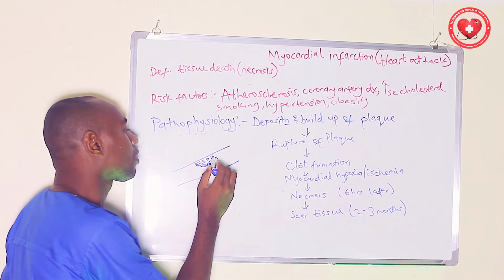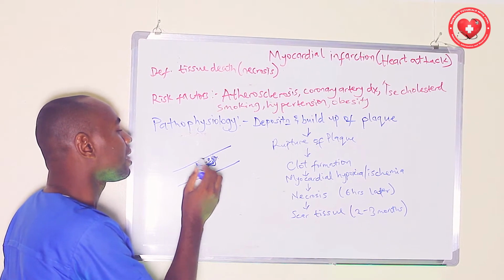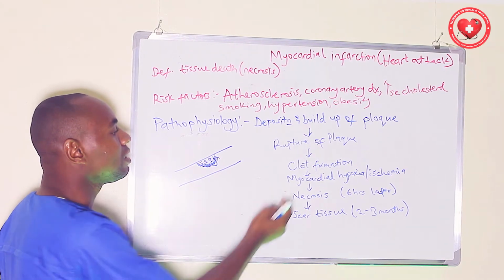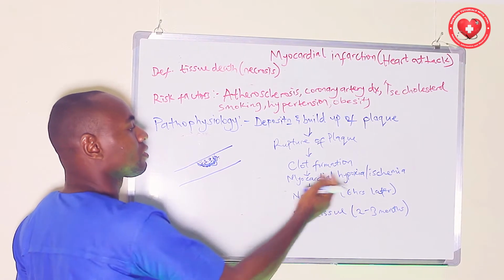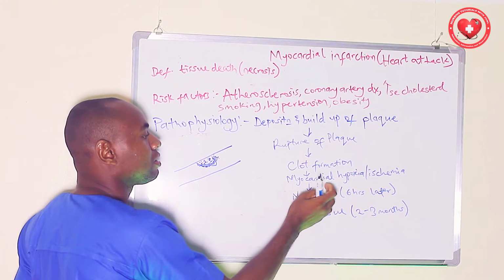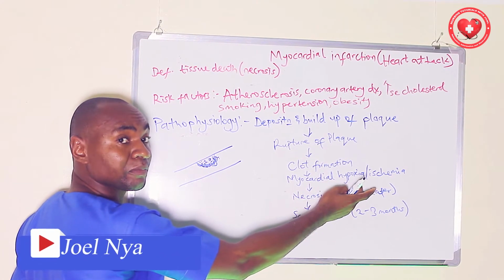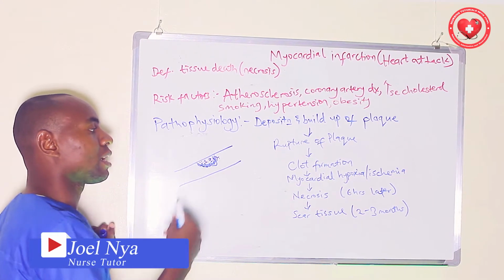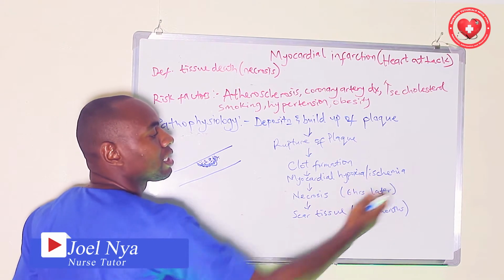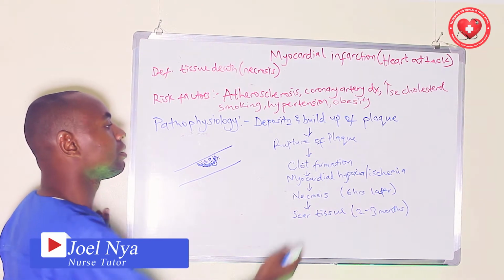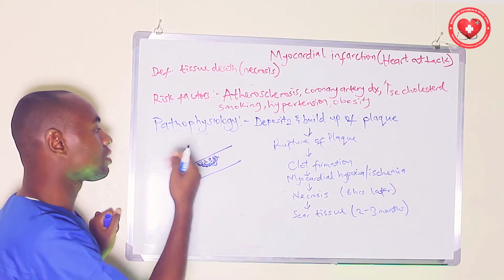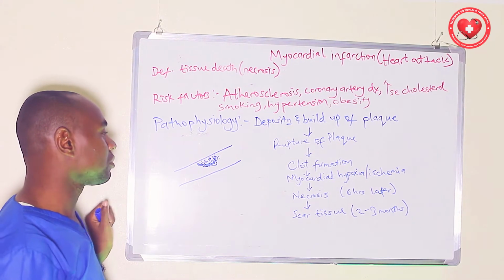After the clot formation, the artery becomes occluded the more, leading to reduced oxygen or blood supply to that portion. That leads us to myocardial hypoxia, low supply of oxygen to the myocardium, or myocardial ischemia, meaning poor blood supply to the tissue of the myocardium.